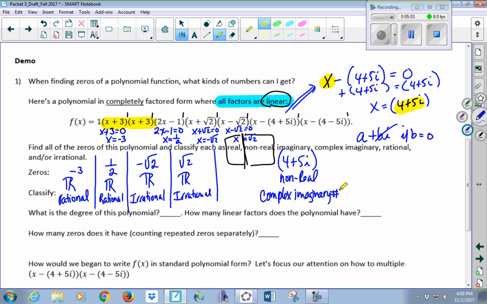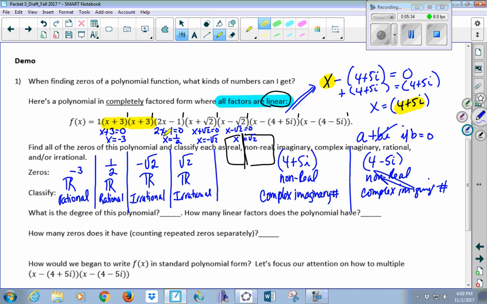We can't just say complex number because -3 and 1/2 can also be written in that form. All right. The final one, you may have guessed, is 4 take away 5i. So that's non-real. And it's also a complex imaginary number.